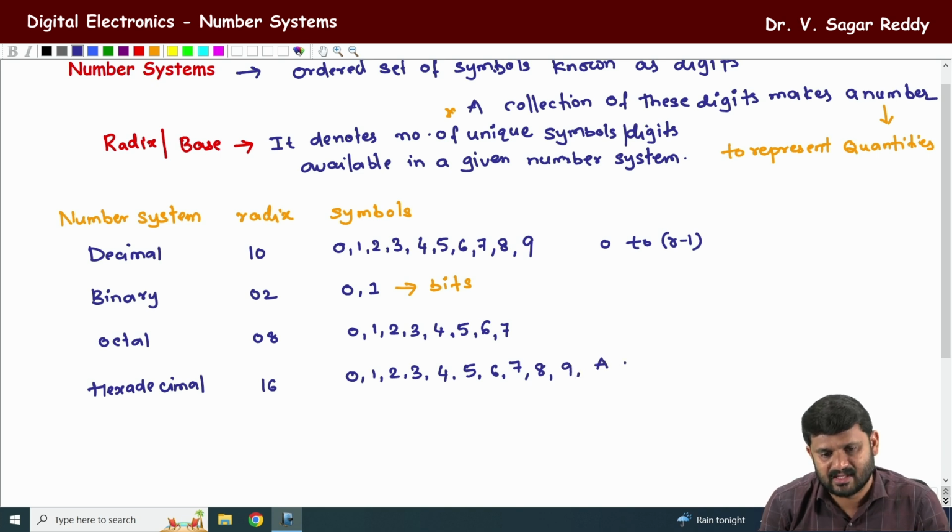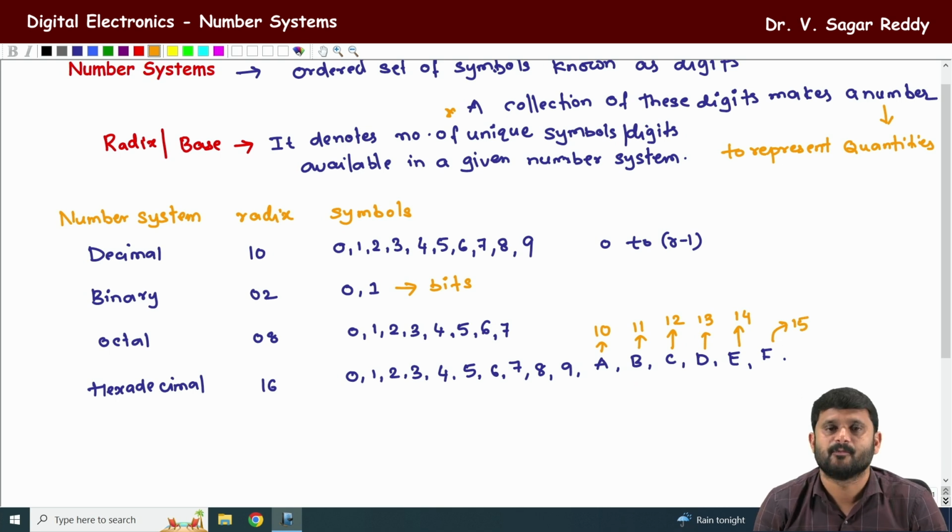After that we use the alphabets A, B, C, D, E, F. Here A indicates 10, B denotes 11, C denotes 12 in decimal, D 13, E 14 and F 15.